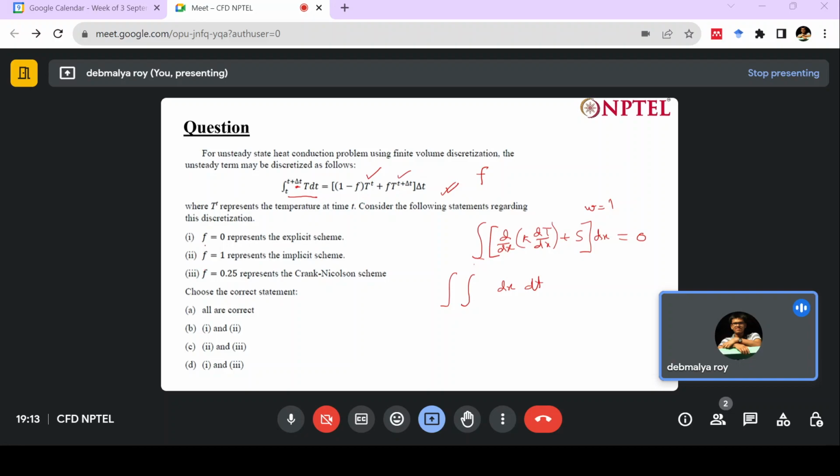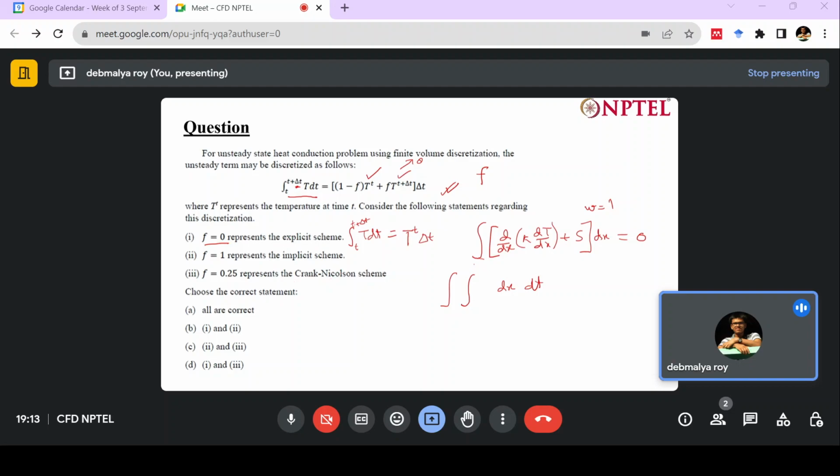If we put f equal to 0 here, the second term vanishes, and we are left with the integral of T dt from t to t plus delta t simply equal to T at t times delta t. So this is completely dependent on the previous time step.